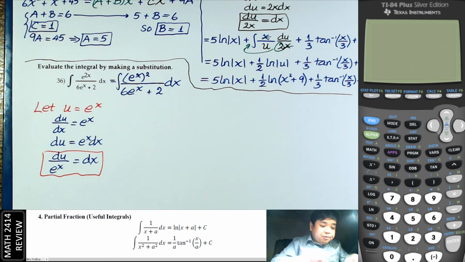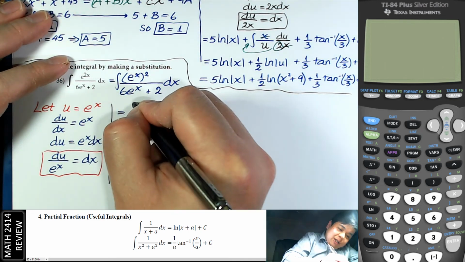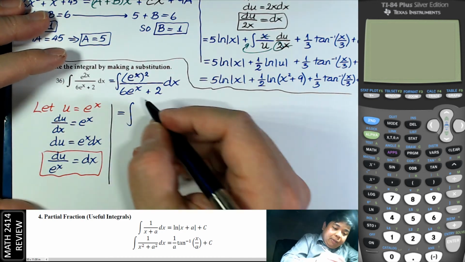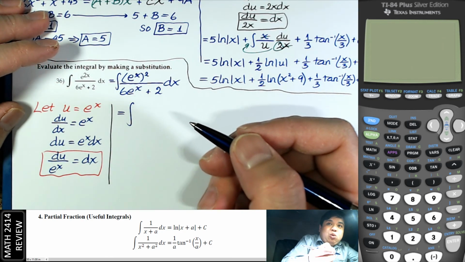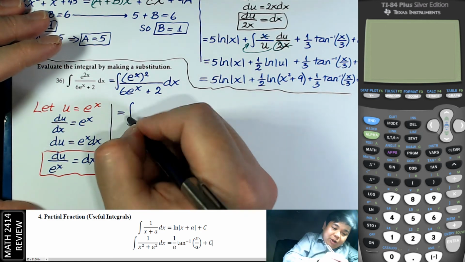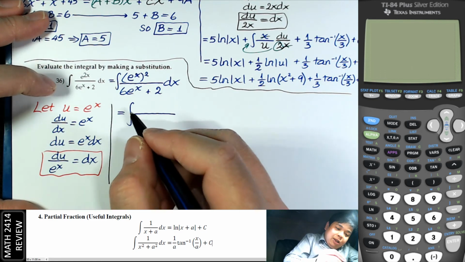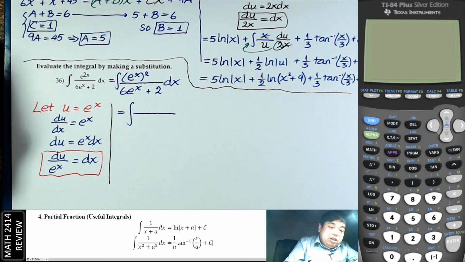Right, now that we can write as e to the x squared, or u squared if we want to. Yeah, if we want to, we can write everything in terms of u.